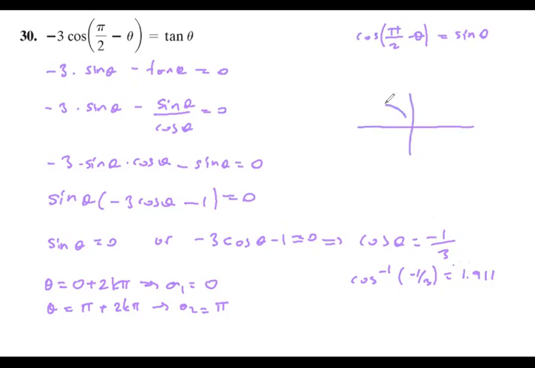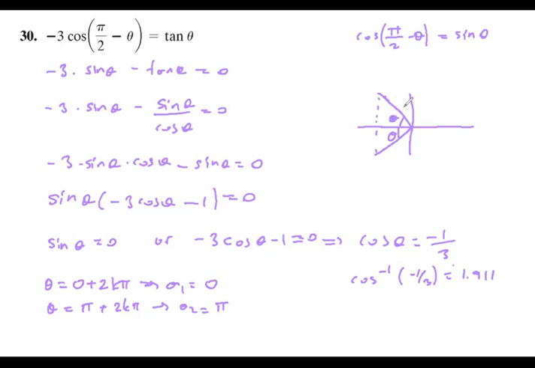Let's say the angle right here, and then we get the same x coordinate, so these are equal angles. If I know the cosine of this angle is equal to negative 1 over 3, the angle is 1.911.